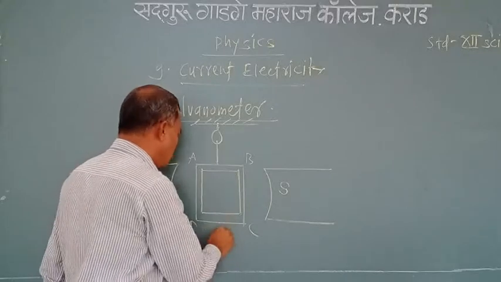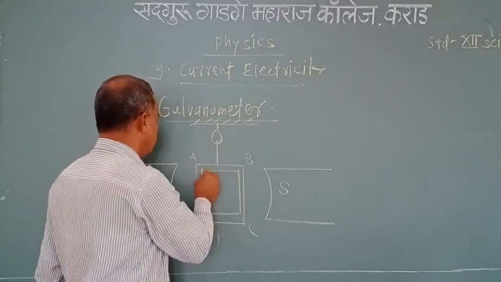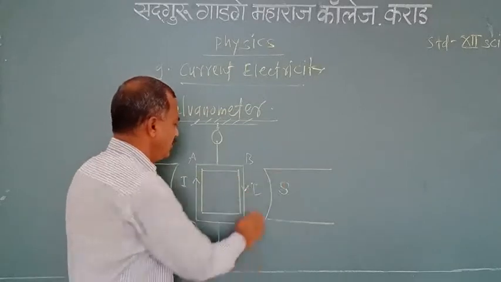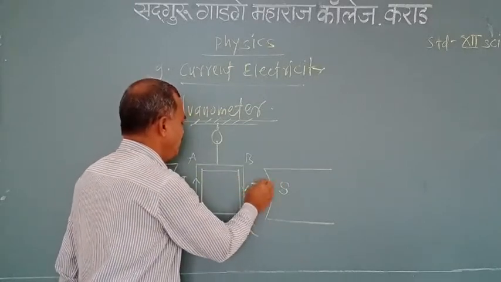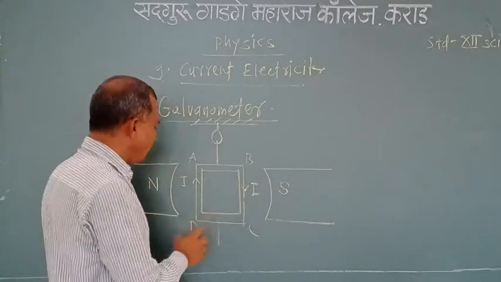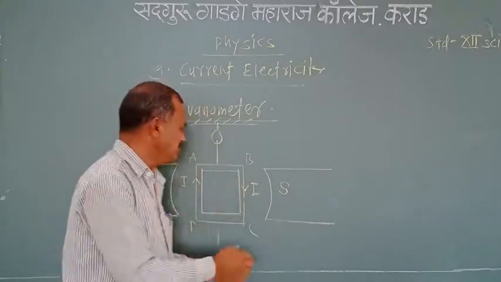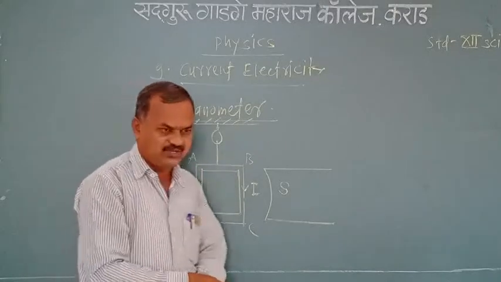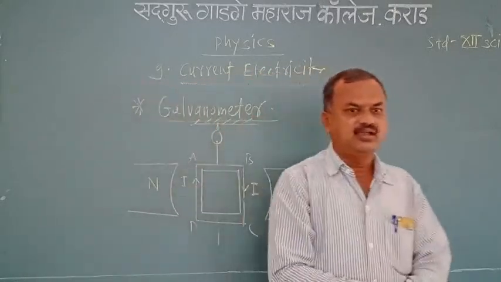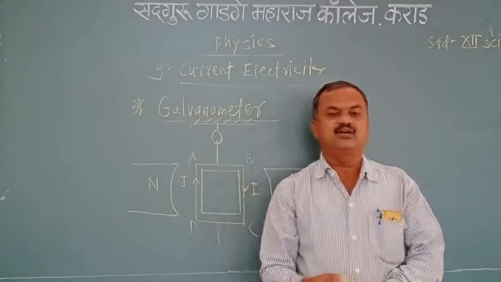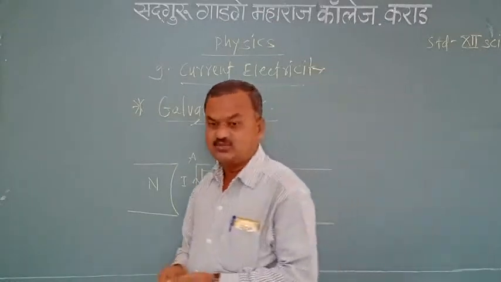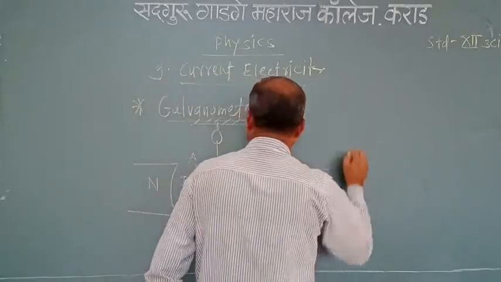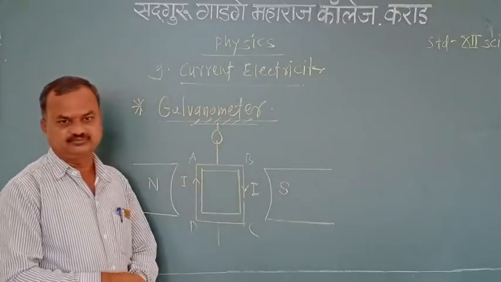When current flows through the coil, suppose I be the current flowing through the coil, the field produced across the coil by means of these two poles exerts some force on that coil, and a torque will act on that coil due to that field. Due to that torque, coil gets deflected.